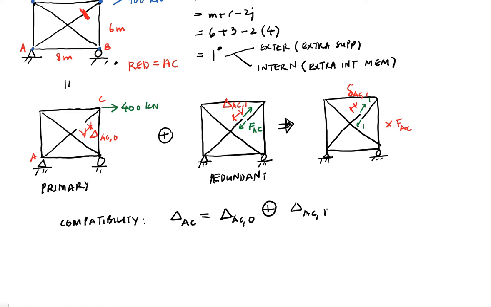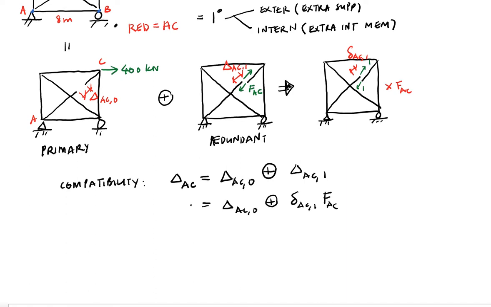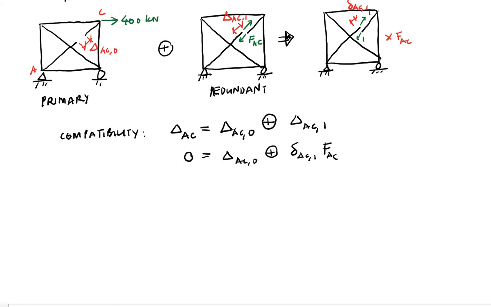And again, since you have changed it into a unit load, it is also equal to small delta AC1 multiplied by FAC. Okay, so delta AC, because you know it's originally 0.